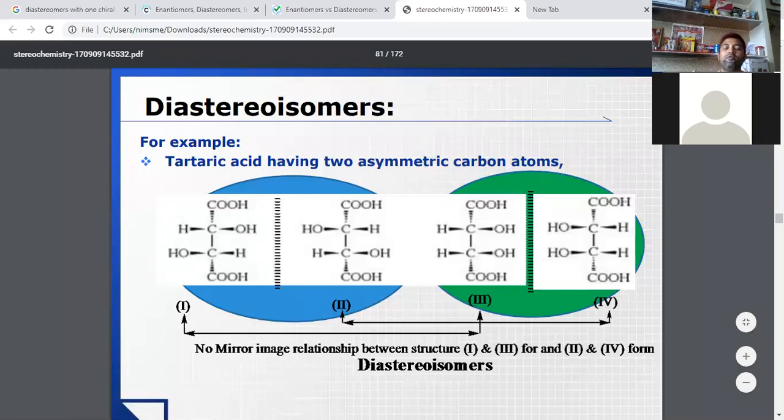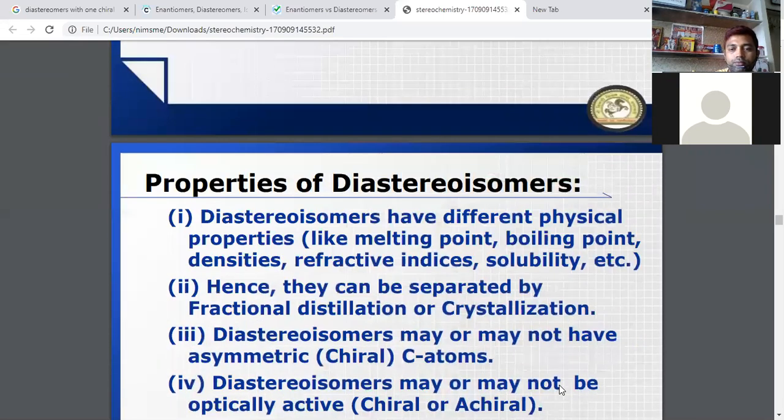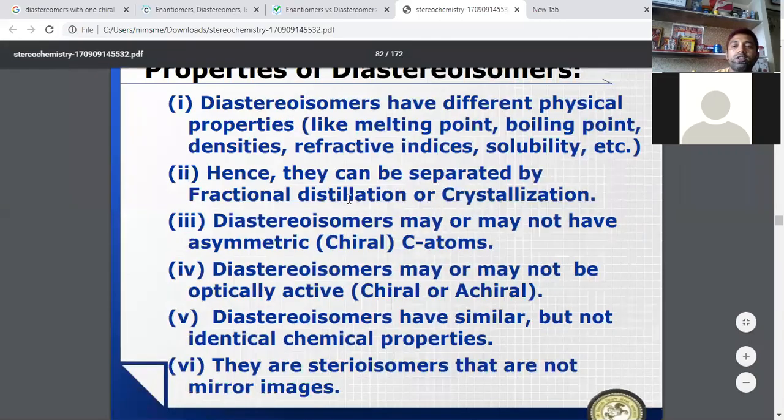So this type of stereoisomers are known as diastereoisomers or diastereomers. Understood? Yes, sir.